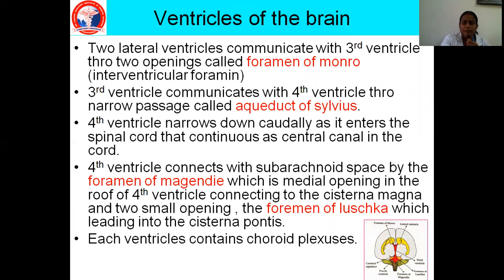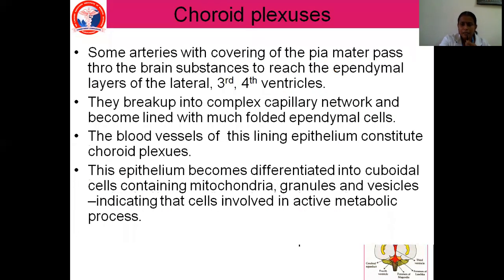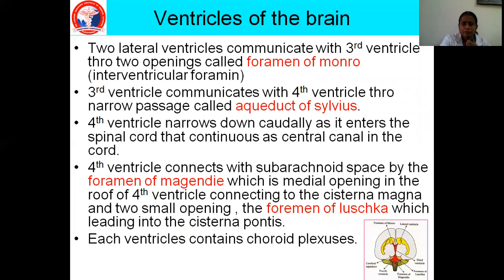So there are 2 lateral ventricles, 1 third ventricle and 1 fourth ventricle. The 2 lateral ventricles communicate with the third ventricle by 2 openings called foramen of Monro, and this third ventricle communicates with the fourth ventricle through a narrow passage called the aqueduct of Sylvius, and the fourth ventricle narrows down caudally.